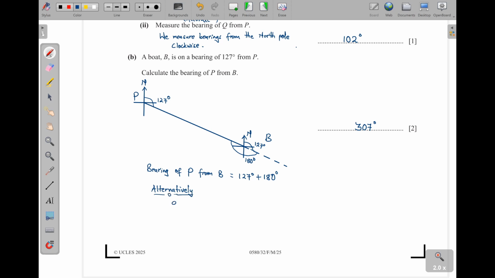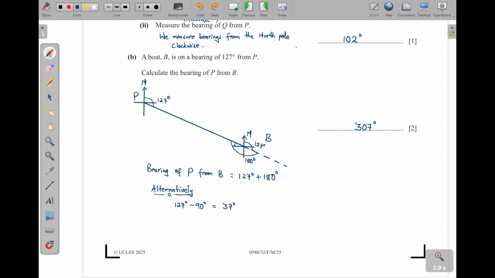We would say 127 degrees minus 90 degrees. What do you get here? The angle that you get here, that is 37 degrees. Now, that 37 is actually the same as what is here, this angle.